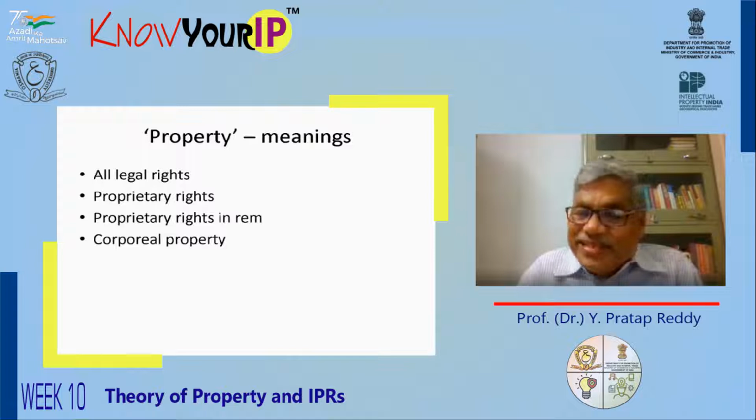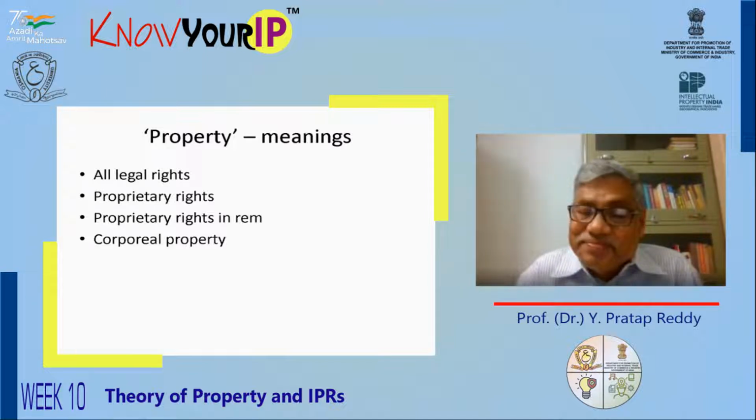Then the third meaning is further narrowed down. Not all proprietary rights, only proprietary rights in rem. Rights in rem mean rights against all, rights against the world, because the corresponding duty is imposed on all others. That is what we call exclusive right. It is a right against all others, excluding all others. All others are under a duty to respect our right.